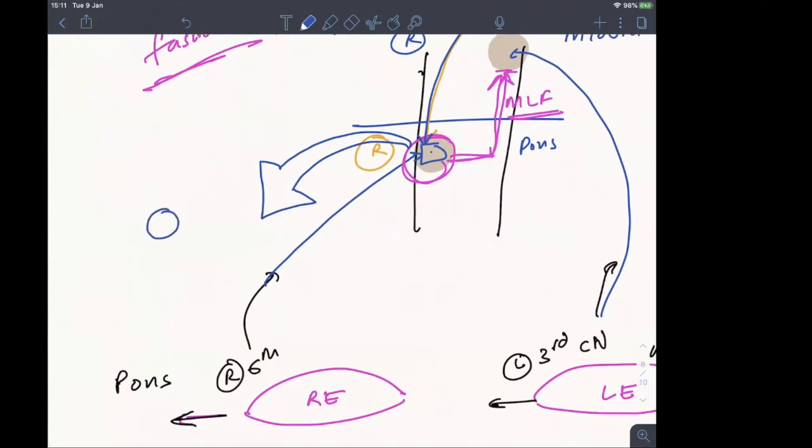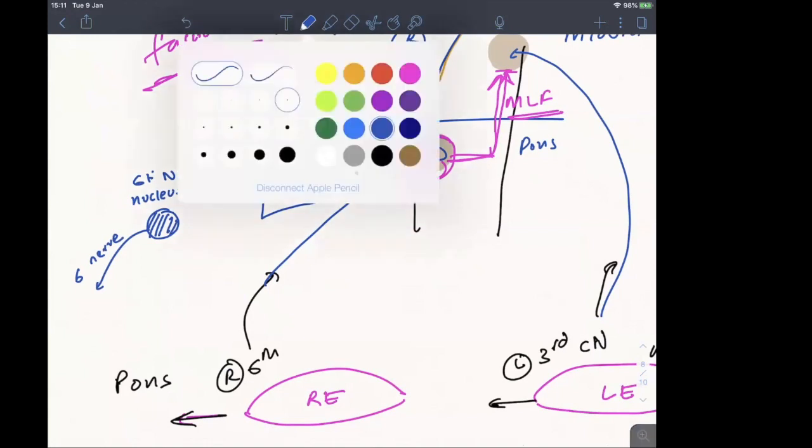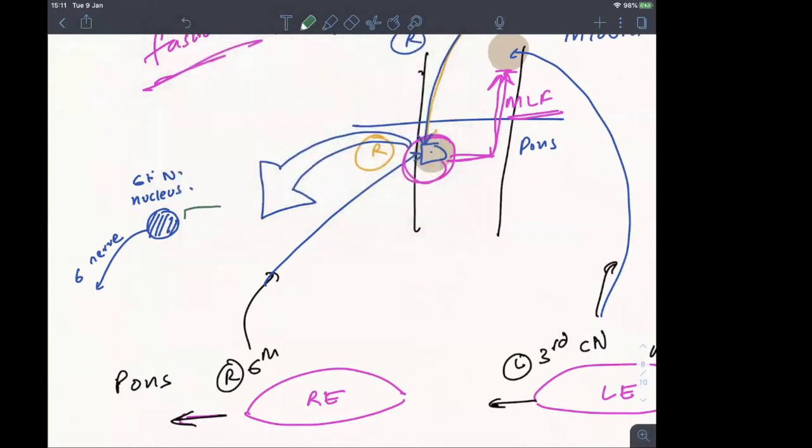One is the nucleus itself, the 6th cranial nerve nucleus, from where the 6th cranial nerve comes. And right next to it, there is another set of nuclei known as PPRF.